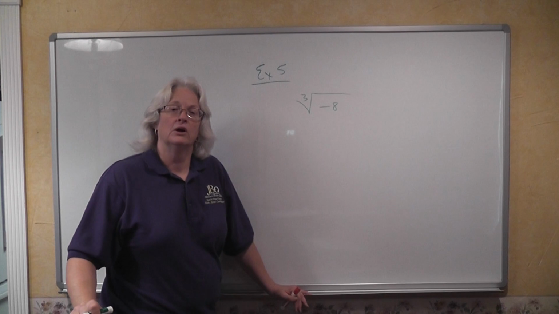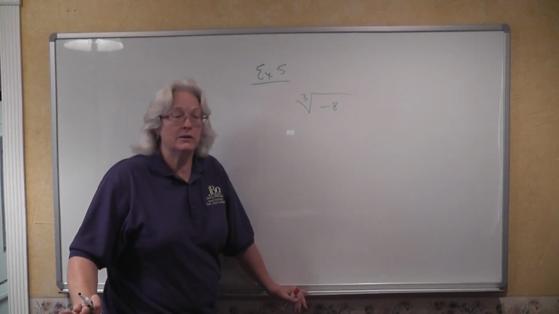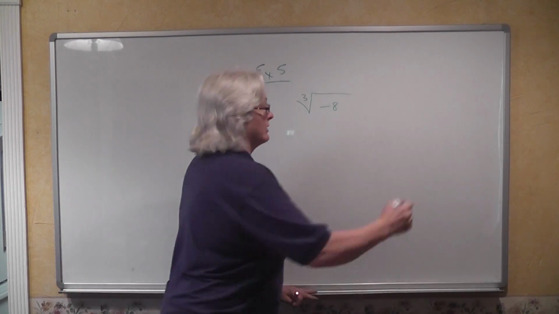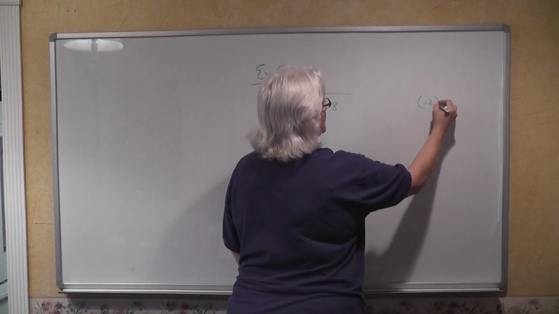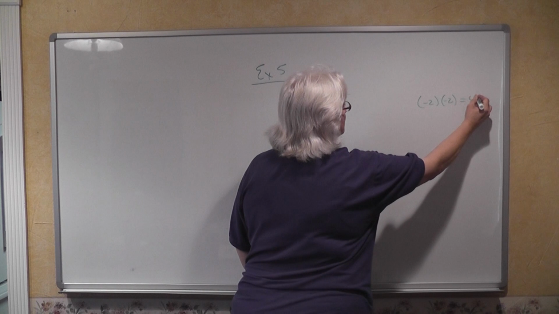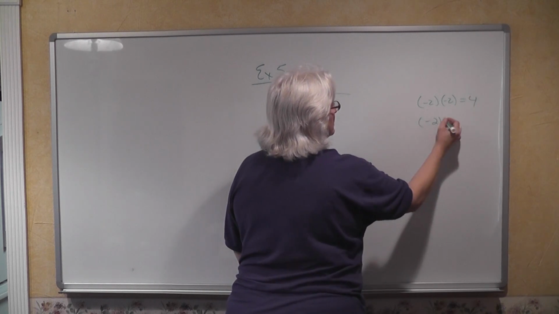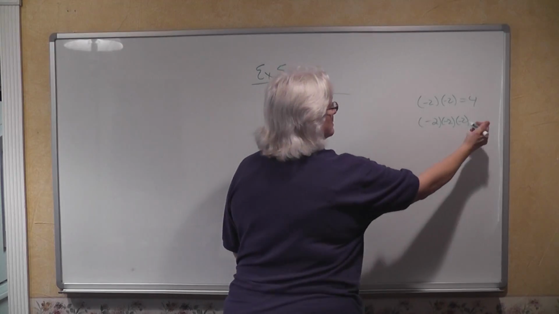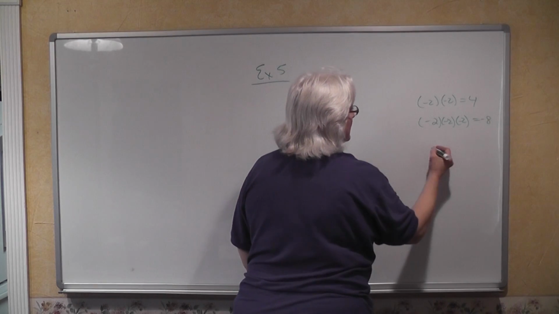-8, you remember that if you have an odd number of negative factors, you have a negative product. -2 times -2 is 4. -2 times -2 times -2. So positive 4 times the -2 is -8.